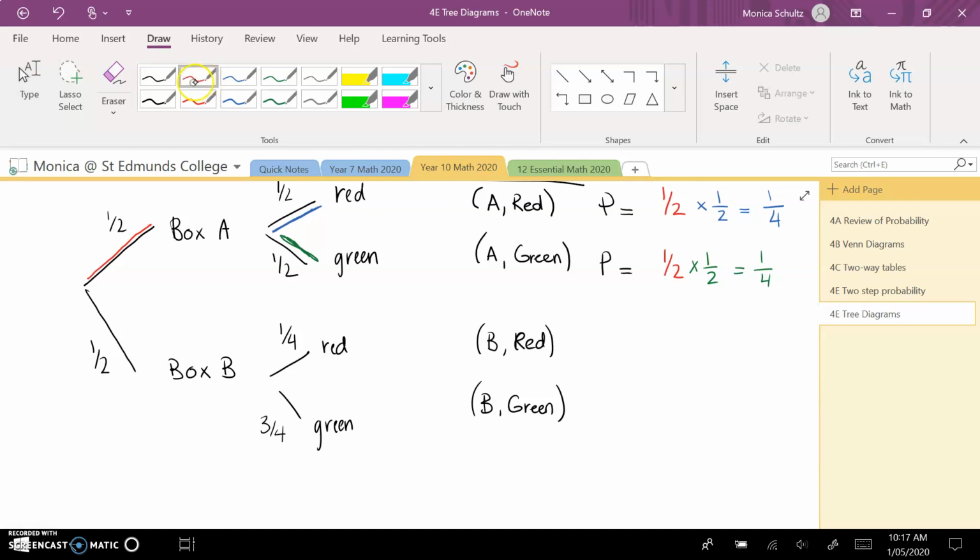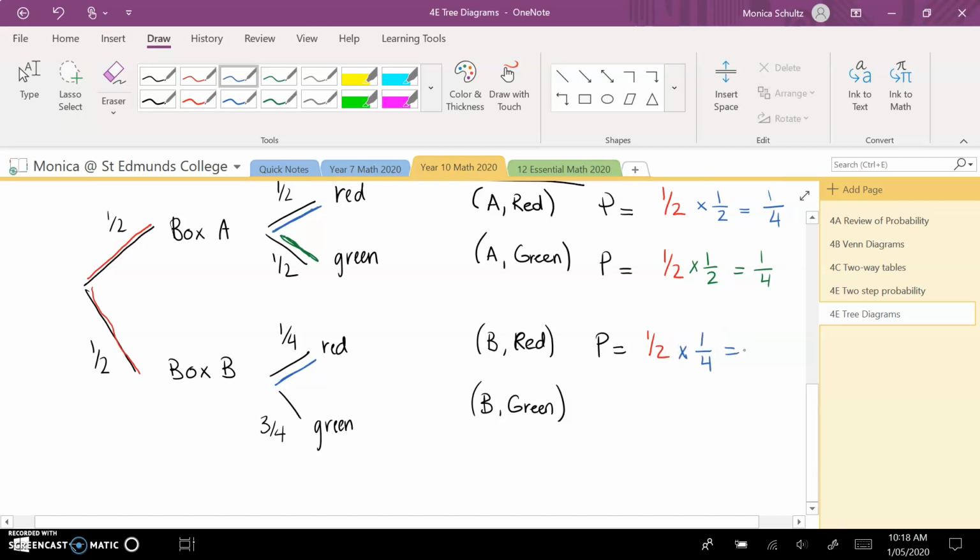This is going to change up a little bit when I get to box B. For box B, the probability of getting the B box is half, and then the probability of choosing red is only a quarter.